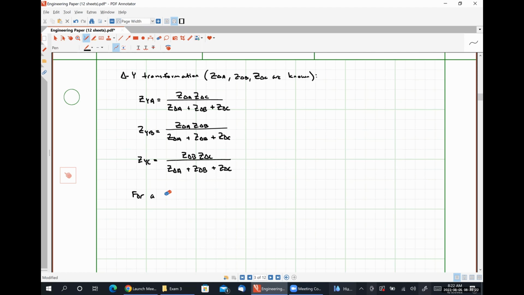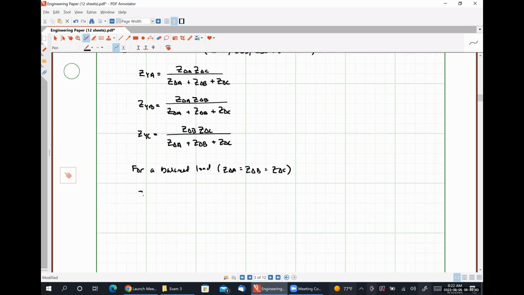For a balanced load where Z delta A is equal to Z delta B is equal to Z delta C, we'll wind up with a balanced Y-connected load where ZY is simply Z delta squared over Z delta plus Z delta plus Z delta, which is the same as Z delta squared over 3 Z delta, or 1/3 Z delta.